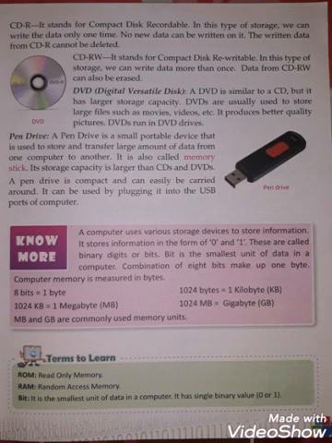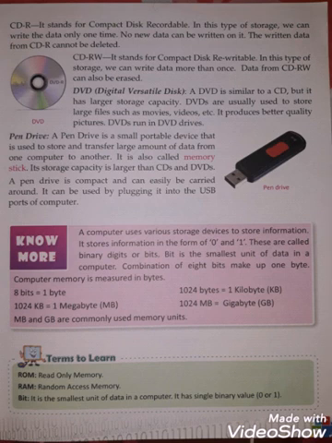Next is CD-R. It stands for compact disk recordable. Now, the word recordable has come, that means something that can be recorded. In this type of storage, we can write the data only one time. No new data can be written on it. The written data from CD-R cannot be deleted.